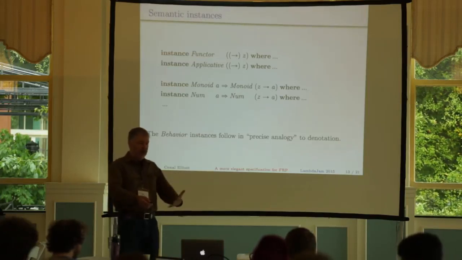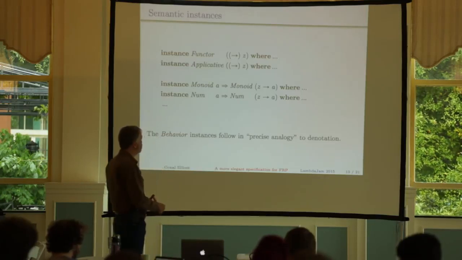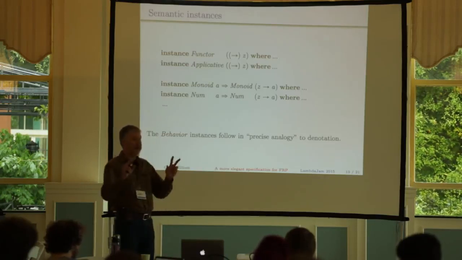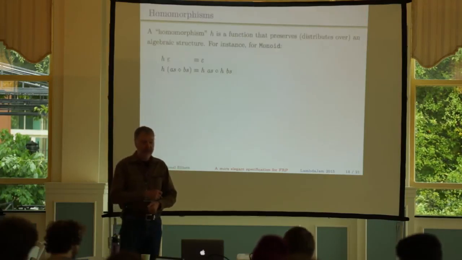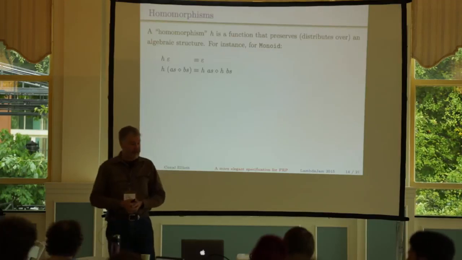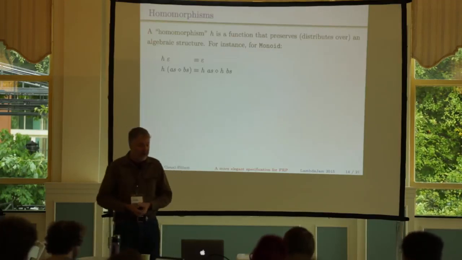What we're trying to describe, or what's sort of coming out of this design process, follows from the semantics in what I'm going to call precise analogy, and then I'll make that notion more precise. And something called homomorphisms, and this is hopefully the only scary word I'll use in this talk.